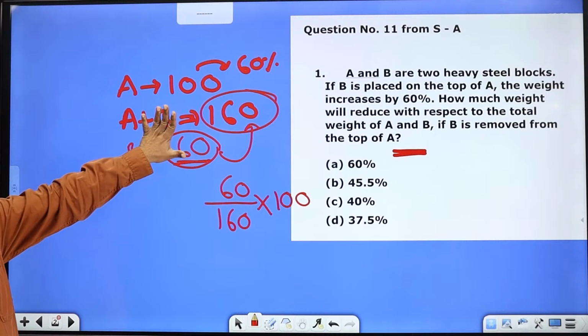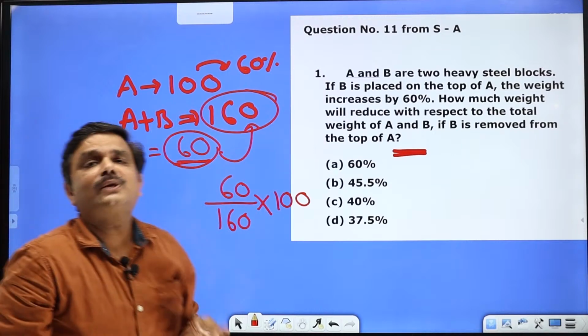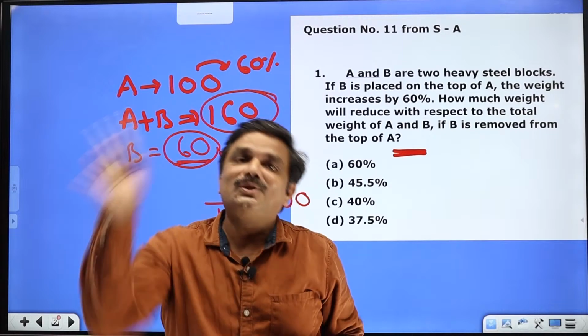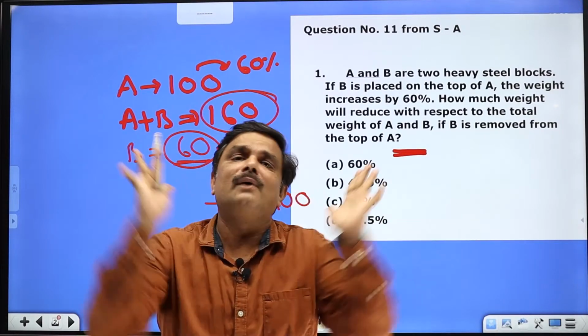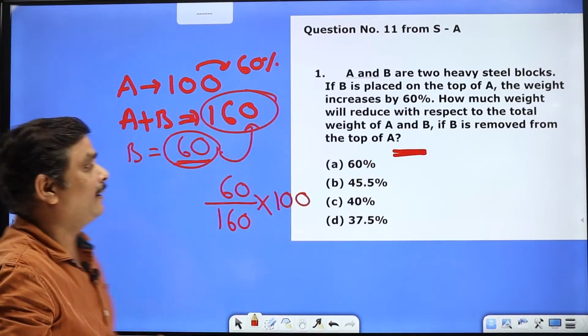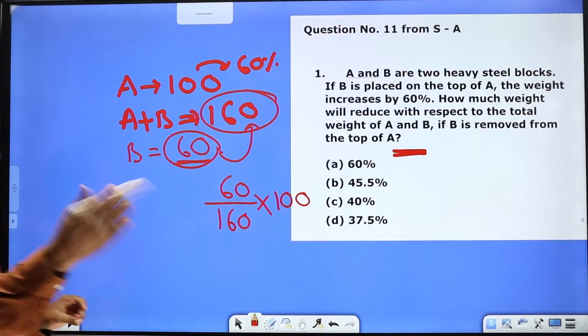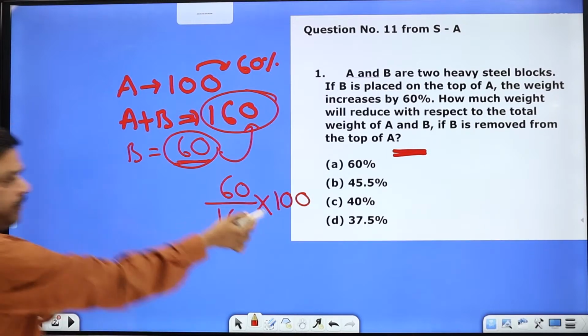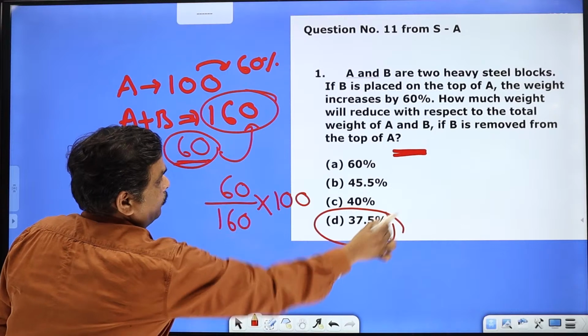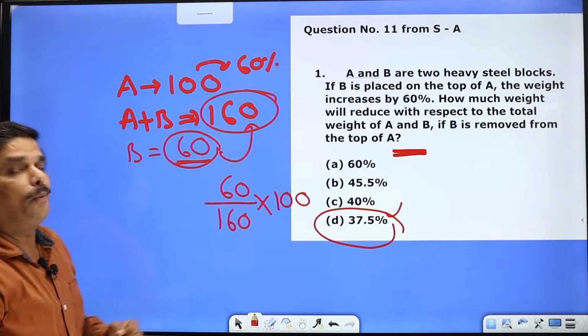Simple terms I have explained you. Actually, if you go by fraction method, that is still simpler than this one. But for CSAT, this is enough, because you have ample of time in the examination. You have to maintain the accuracy. Otherwise, you will be hunted by the negative marking. Okay, so here clearly just simplify this one. You will get 37.5.